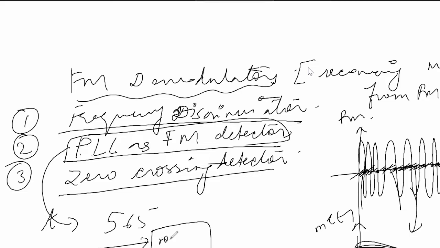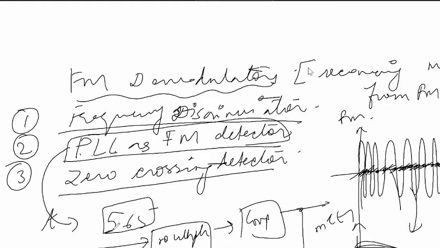It consists of a multiplier and a loop filter with a VCO, voltage controlled oscillator, in the feedback path. So this is the internal block diagram of PLL IC 565. Input to the PLL IC is your FM signal.